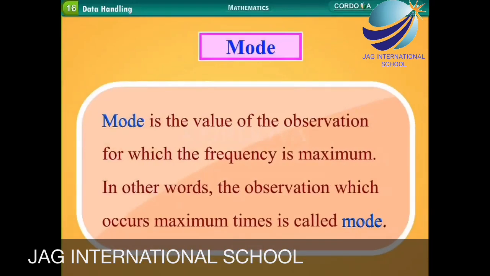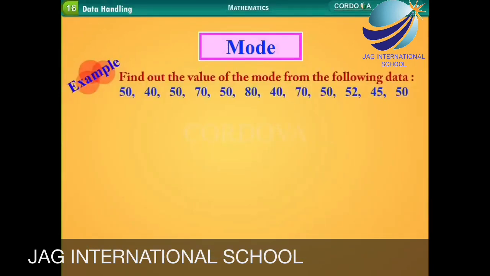Mode. Mode is the value of the observation for which the frequency is maximum. In other words, the observation which occurs maximum times is called mode. Examples. Find out the value of the mode from the following data: 50, 40, 50, 70, 50, 80, 40, 70, 50, 52, 45, 50.